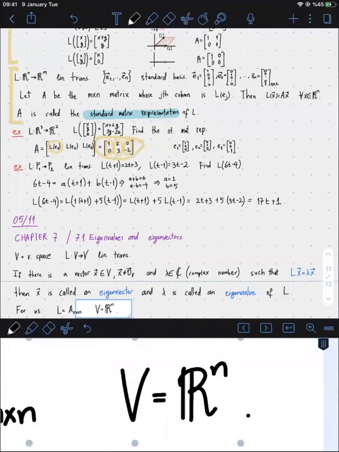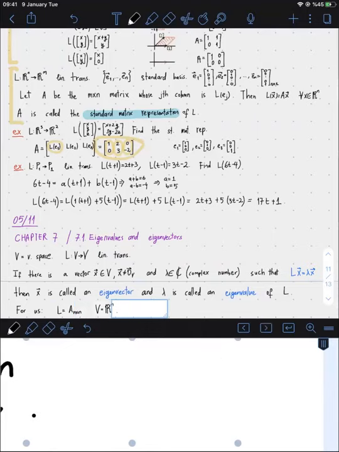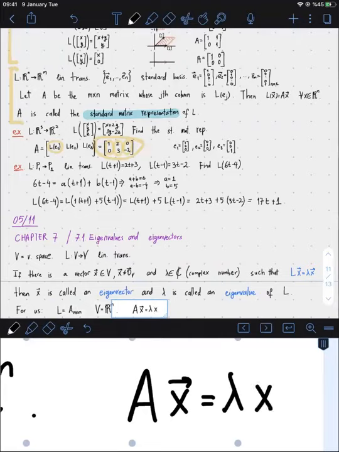So usually for us, linear transformations will be square matrices between spaces of vectors. In this case, the definition of eigenvalue and eigenvector is that the matrix sends the vector x to a multiple of the vector x.